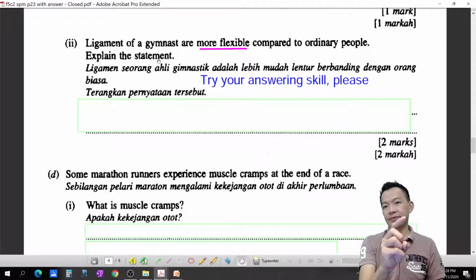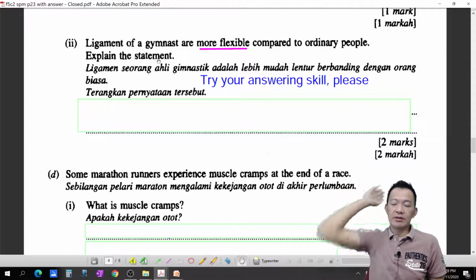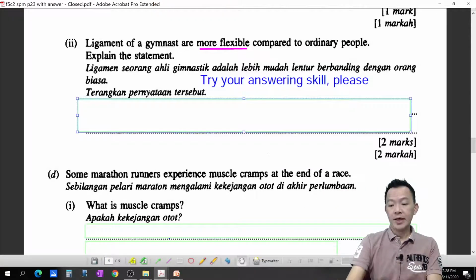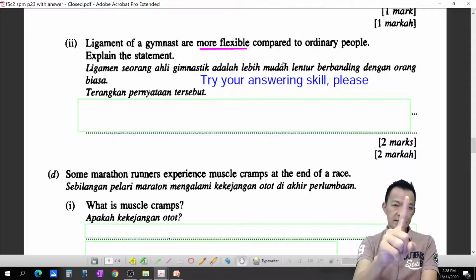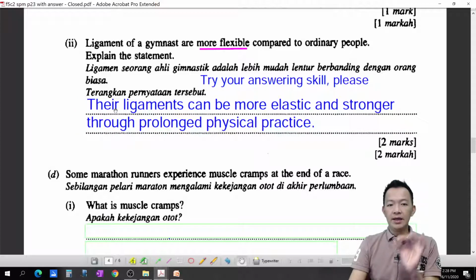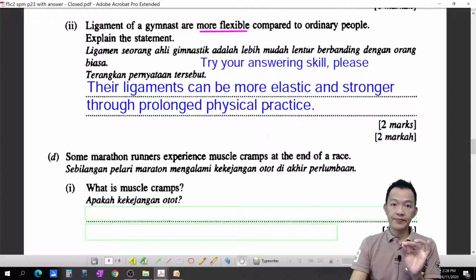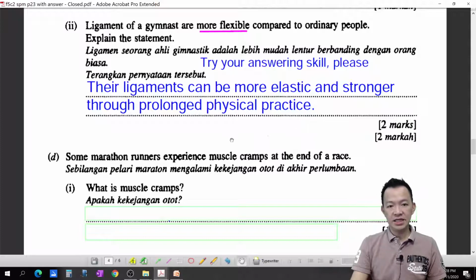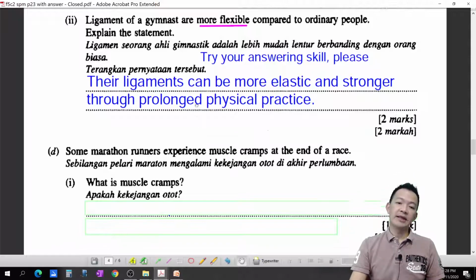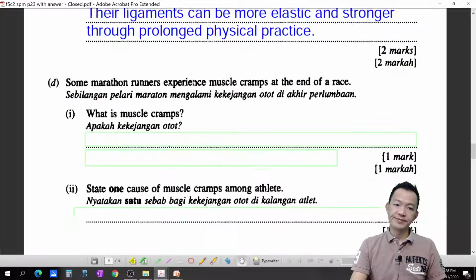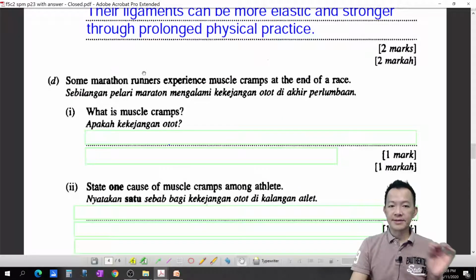They'll be more elastic, 它弹性比较好，它可以拉得比较长. 因为有 exercise 的关系，它的弹性比较好. So my point is here: the ligament can be more elastic and stronger, 比我们强，比我们有弹性. Why? Because of the prolonged physical practice. 因为它一直练习的关系，所以它比较有弹性，比较强.